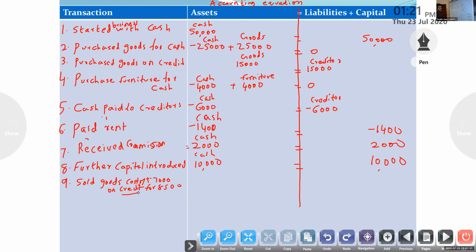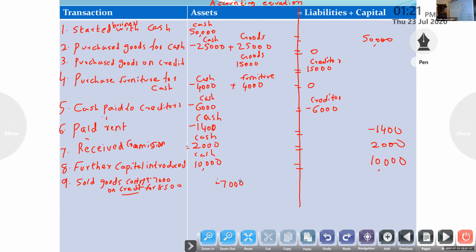On credit. Goods sold, no cash. Sold goods, goods plus or minus? Minus 7,000. Yes, very good.